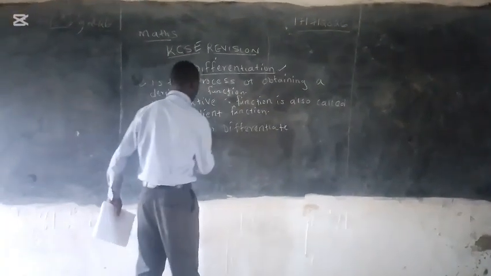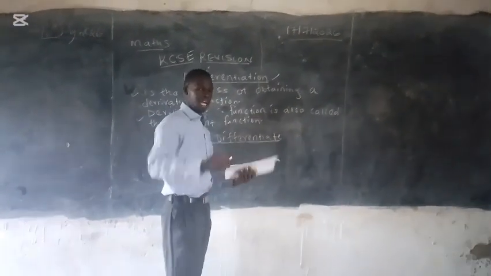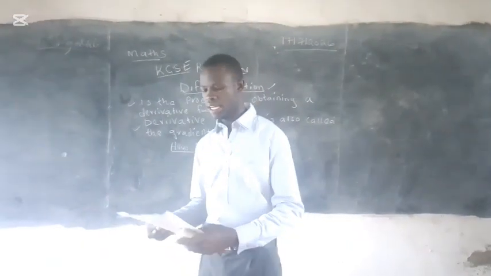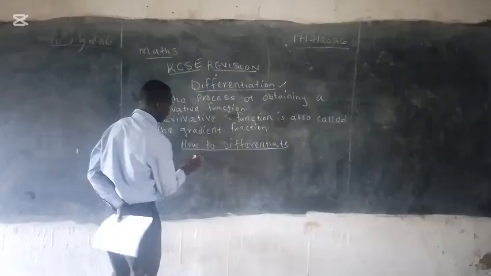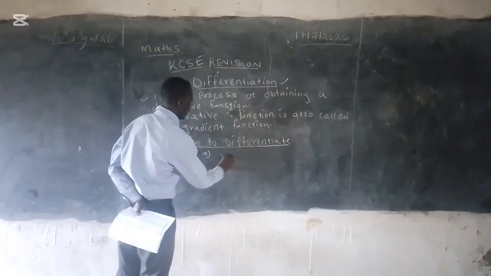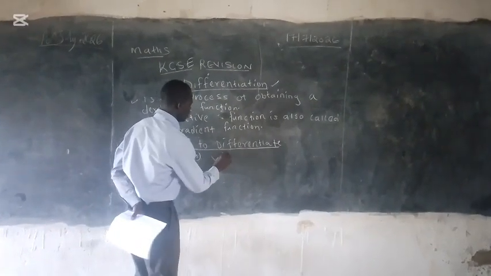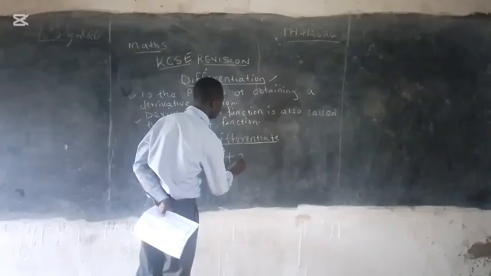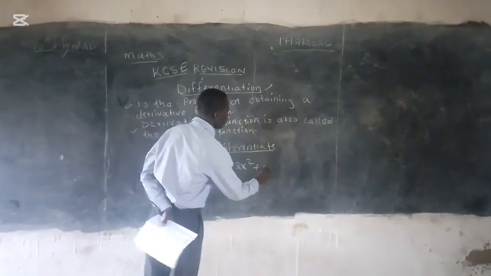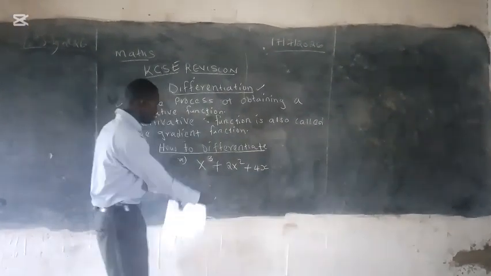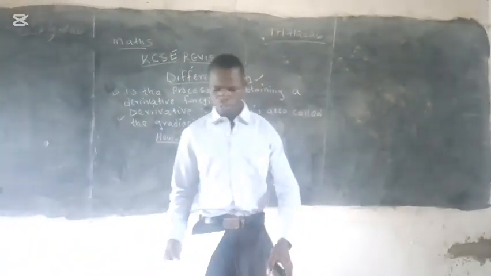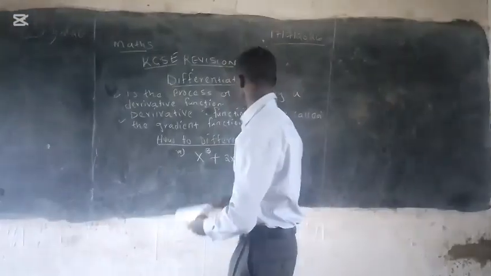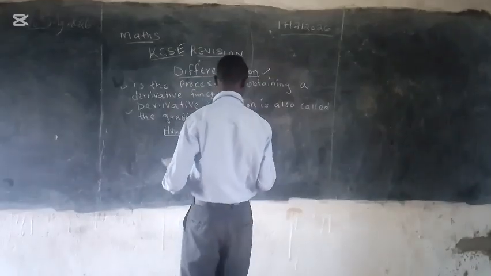It's very, very crucial. Given a curve, let us look at one of the examples. We can have, for example, x squared. Let's say x cubed plus 2x squared plus 4x. These are examples, students. When it comes to differentiation, we have two very crucial and important points to note.